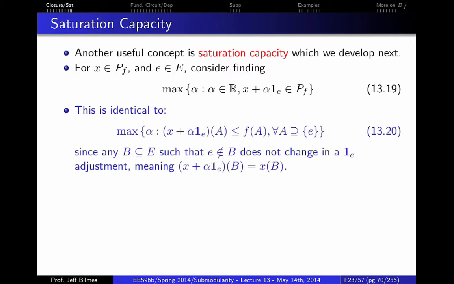So this is identical then to saying that it's the maximum alpha such that we satisfy the inequality, the sort of polyhedral half-space inequality restriction definition for any such A that contains E. Because obviously any A that doesn't contain E doesn't matter, because that direction doesn't matter since it's not included in A. In other words, I think I have that written down.